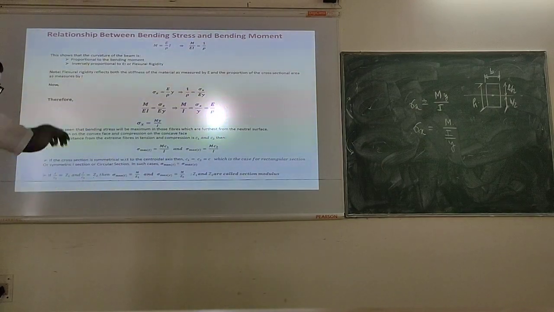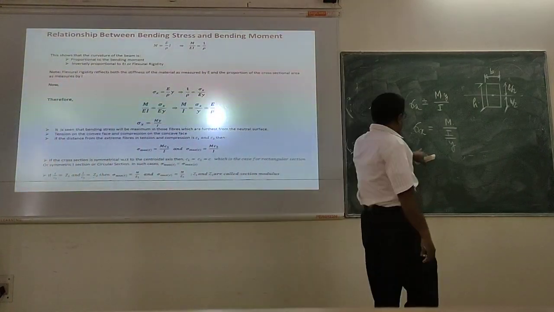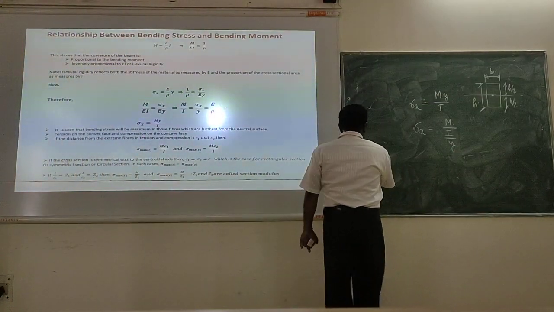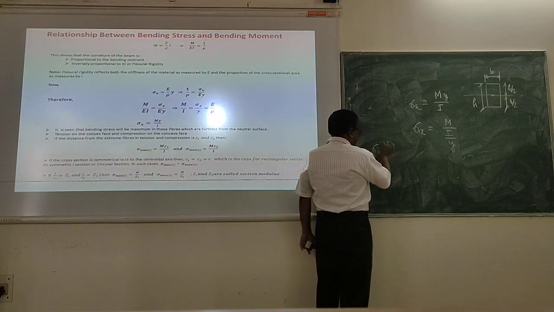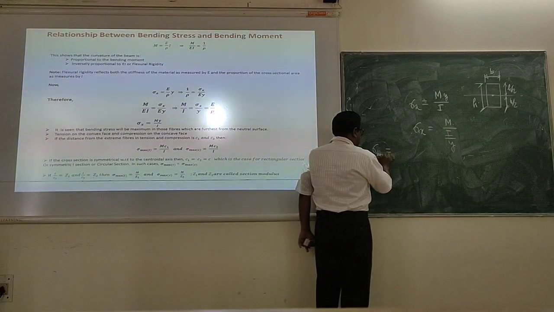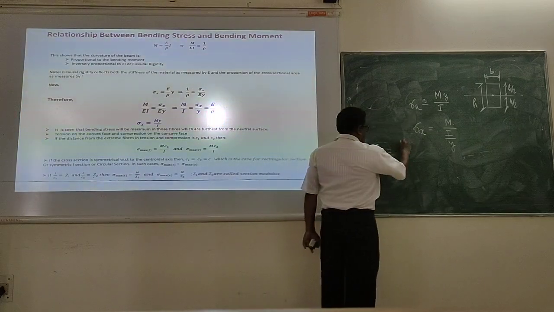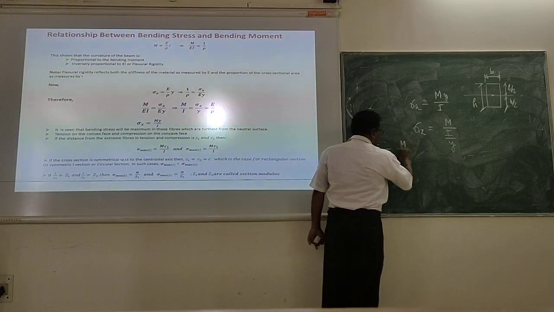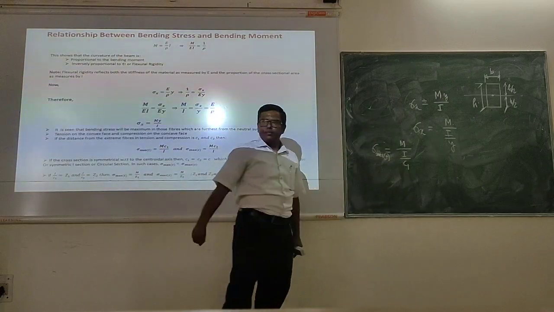And then, if I write sigma maximum tension, so tension will be how much? Maximum. So maximum tension will be M by I into C1.